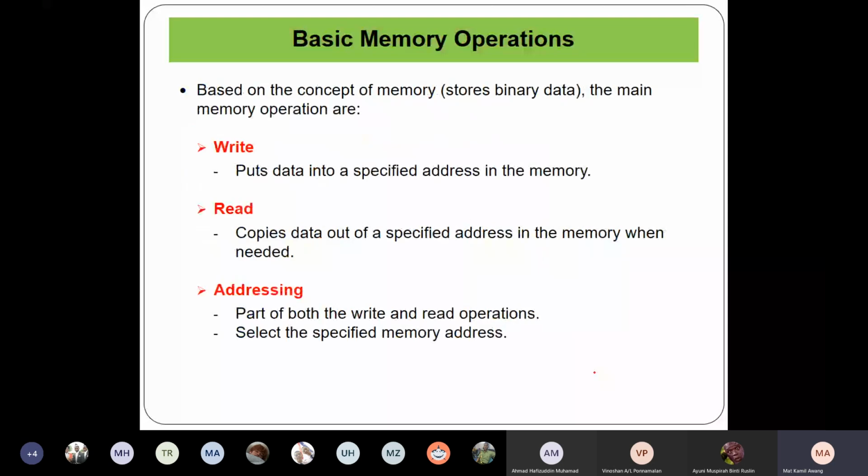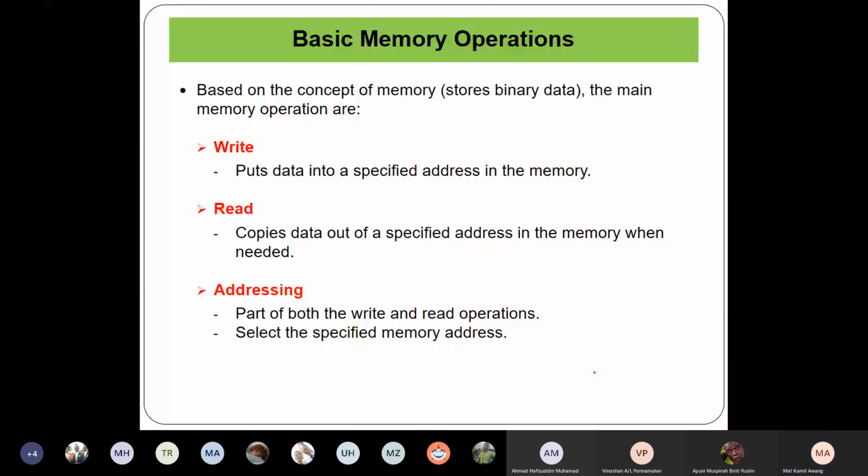These are the basic memory operations. Of course, the obvious one is the addressing operation, because you need to know where the data is located. Another one is that because you want to use the memory as storage, you need to be able to write to that memory.